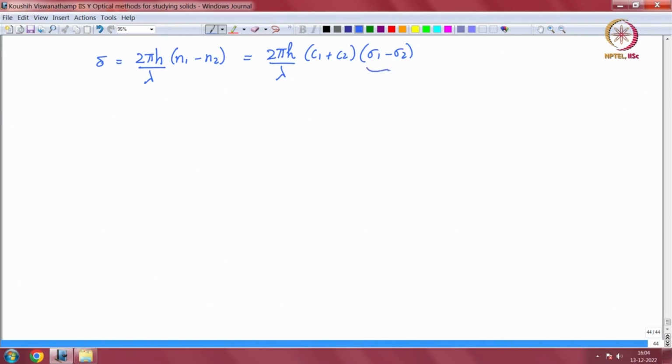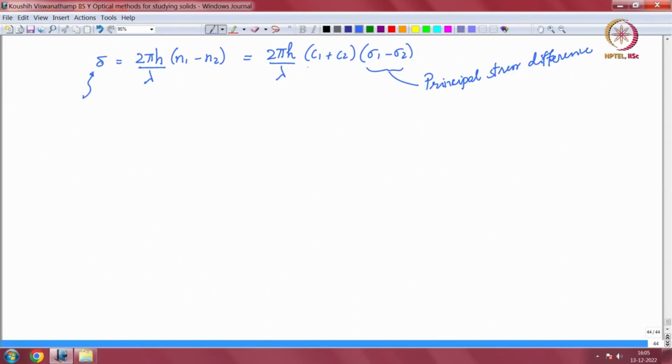Okay. So, this is called the principal stress difference, it is not particularly deep terminology, but okay, whatever. And so, our phase difference between the two waves is related to the difference in the principal stresses.